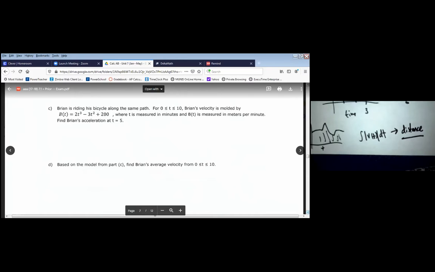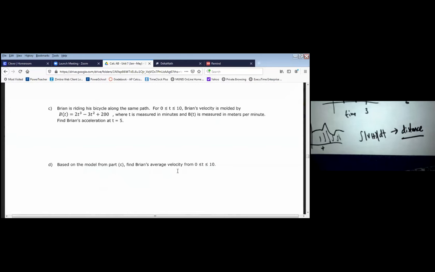D, based on the model in part C, find Brian's average velocity. How do we find average anything? We just talked about it. We need a formula: 1 over b minus a times the integral of the thing I'm looking for. Average velocity.